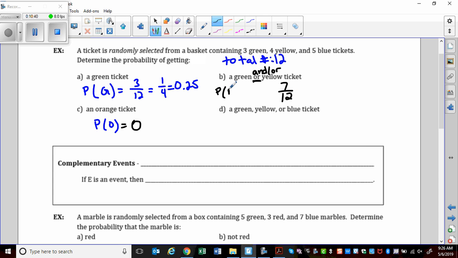Probability of green, yellow, or blue, we're going to add them all up, and that equals 1. The probability, if you're going to pick one, then we're going to have one of these. So it's almost guaranteed you're going to get one of those.